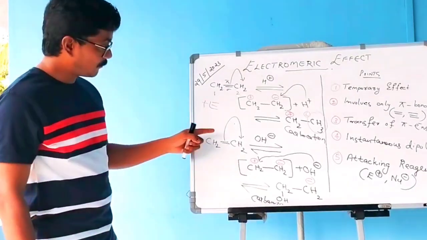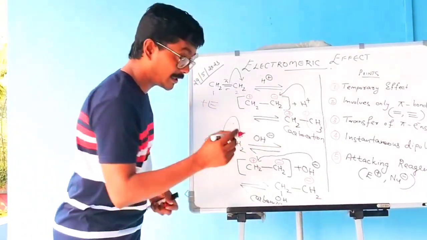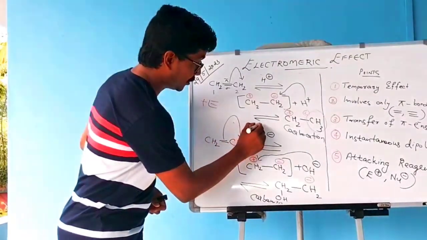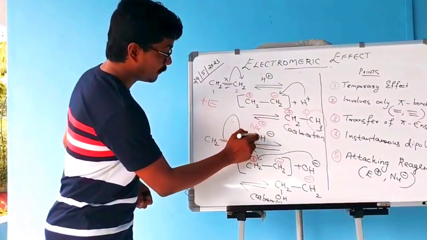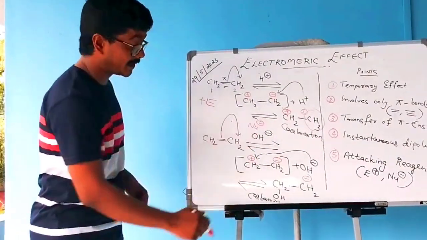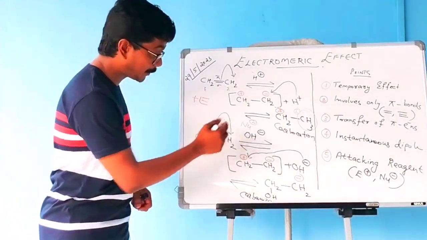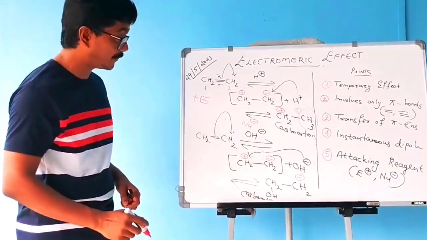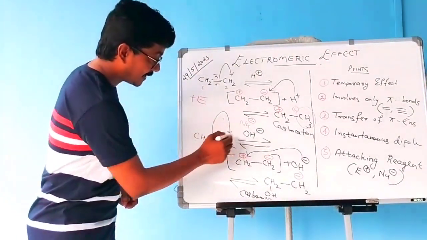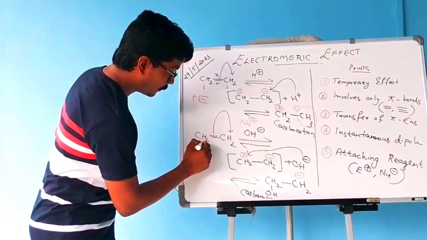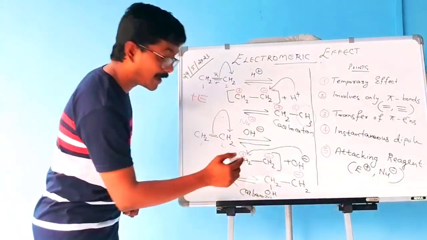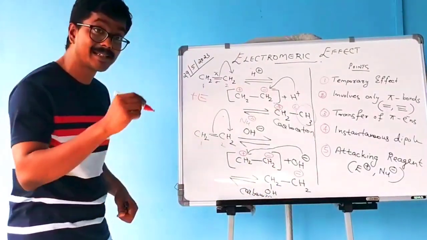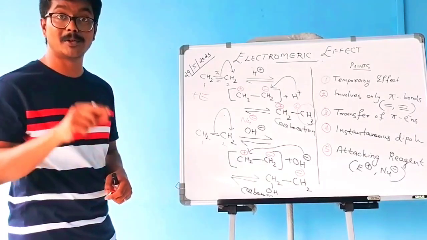When a nucleophile, generally denoted as Nu minus, here an OH minus, approaches a double bond system, the pi electrons move to the second carbon, but the attacking reagent attaches opposite to that movement of pi electrons.